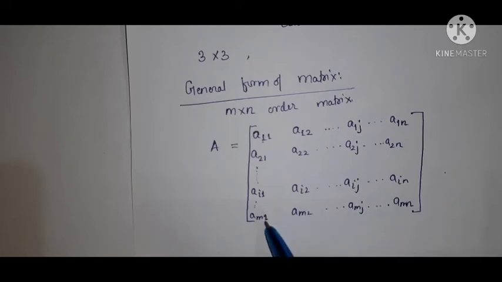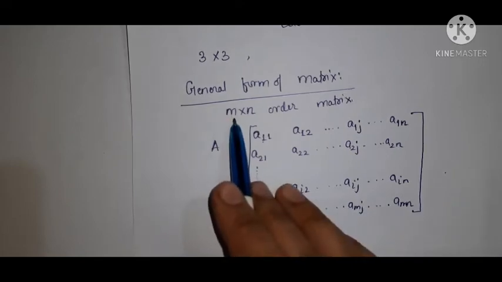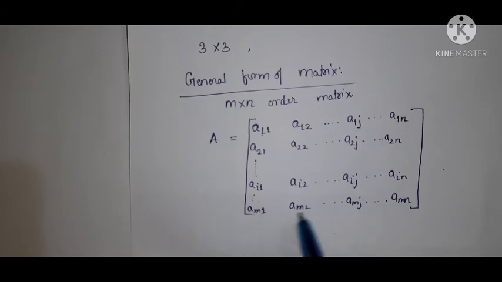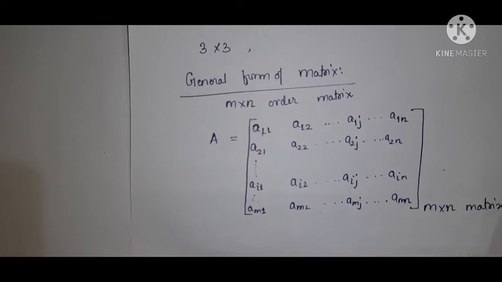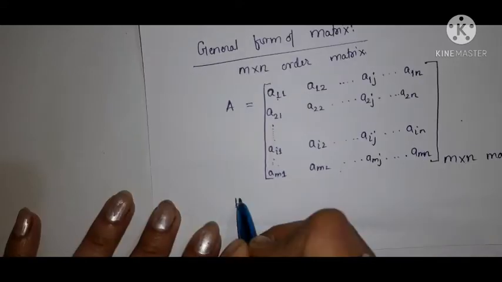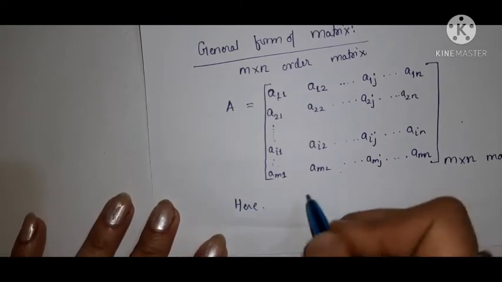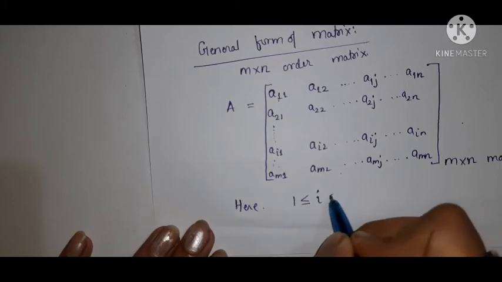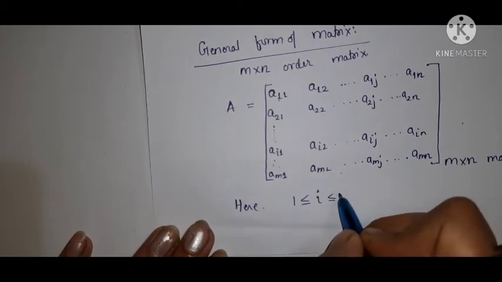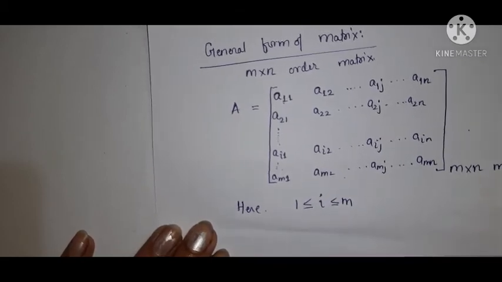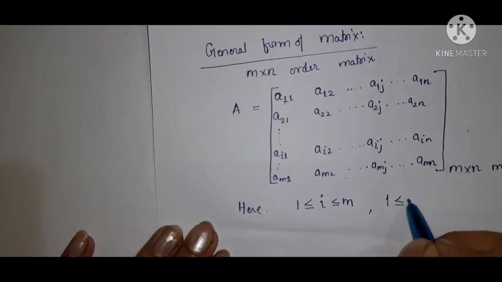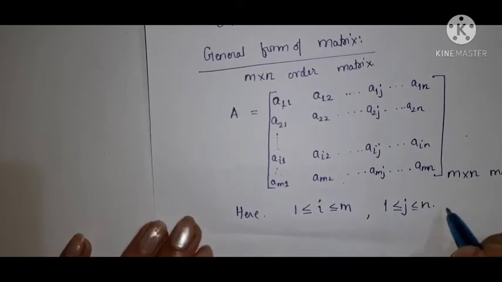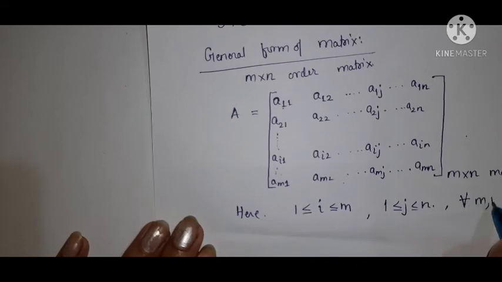In this way, total number of rows we have M, so we have Am1, Am2 up to Amn. It is M cross N matrix. Here i lies between 1 to M and j between 1 to N for all M and N.